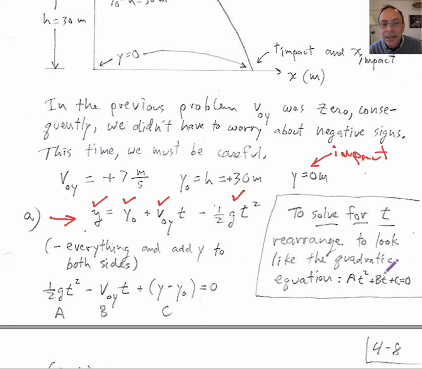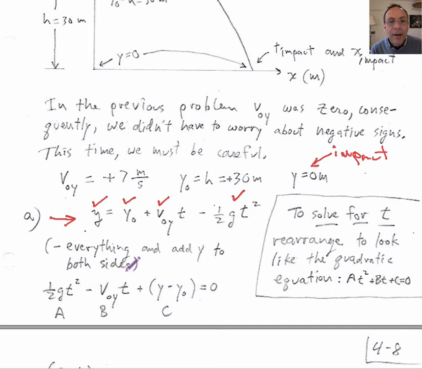If we make it in this form, then we can use the quadratic formula. So what I'm going to do is negate everything and add y to both sides. So if I negate everything, I'm going to have negative y equals negative y0 minus v0y t plus 1/2 gt squared. And then I'm going to add y to both sides. And so I have negative y0 plus y.